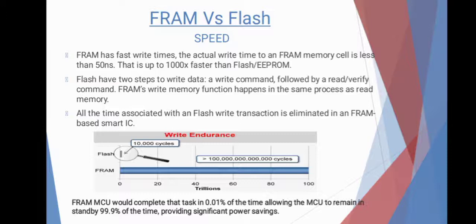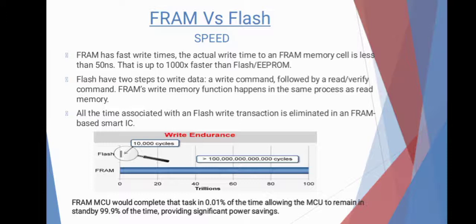Additionally, unlike flash memory where we must have two steps to write data, a write command followed by read verify command, FRAM's write memory function happens in the same process as read memory. There is only one memory access command, one step for reading or writing. So in effect, all the time associated with the flash write transaction is eliminated in FRAM based smart IC.